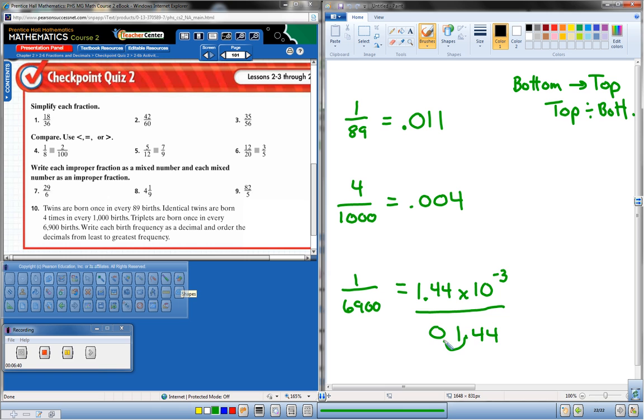1, 2, 3. So you'll notice I had to add zeros in order to move that decimal point 3 places to the left. I believe we're going to get an answer of 0.00144 here. Is that correct? Yes or no? Is there another 0?